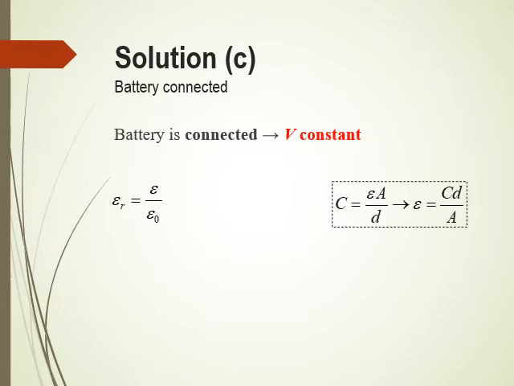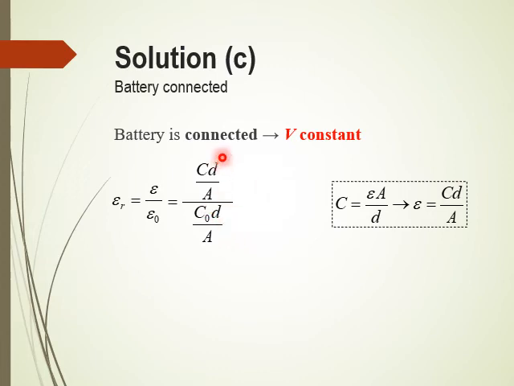By using the equation C equals epsilon A over D, rearrange it and you will get epsilon equals CD over A. Now substitute this into the equation on the left-hand side and you will get CD over A divided by C naught D over A. Now, D and A still have the same values, because you are not changing the physical structure of the capacitor when inserting the dielectric; you are still using the same capacitor.